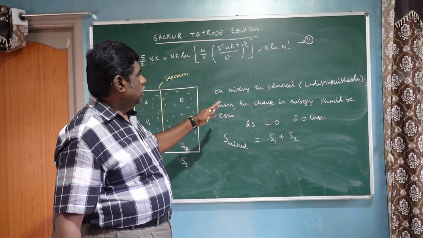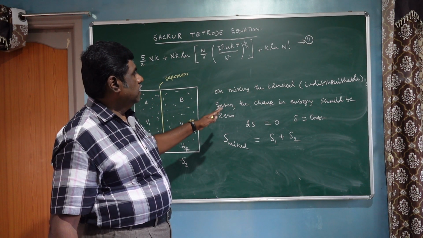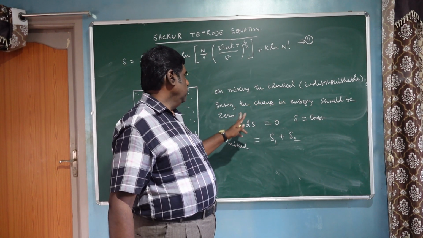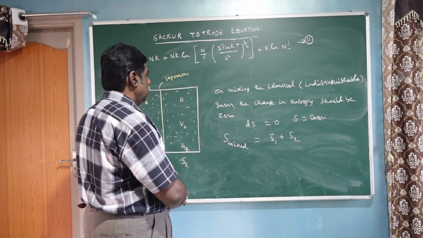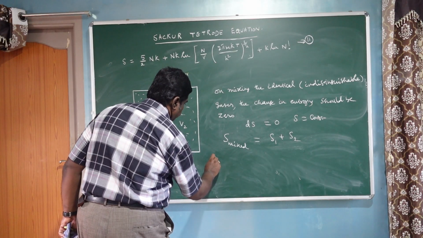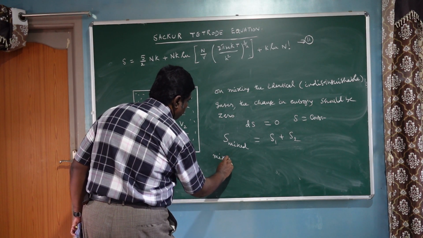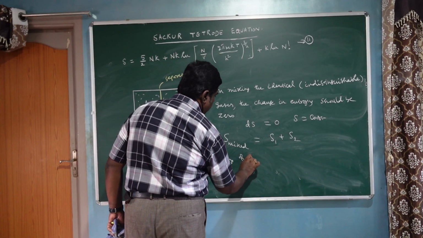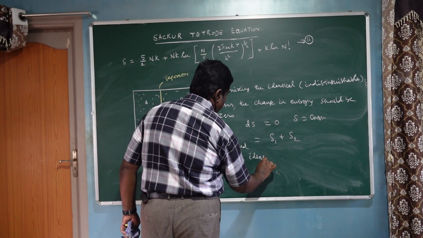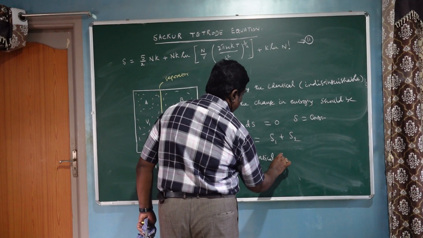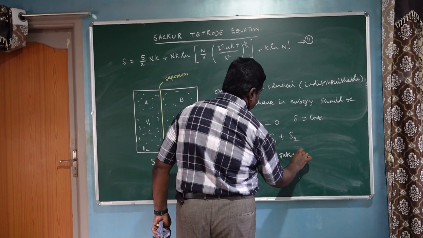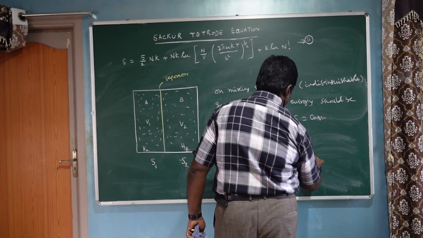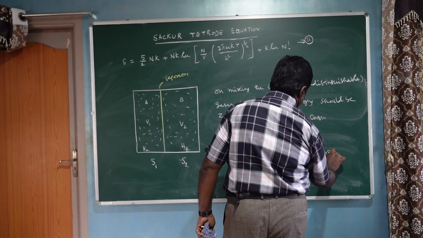If you mix the identical gases, the change in entropy should be 0 because the mixing of identical gases is a reversible process.